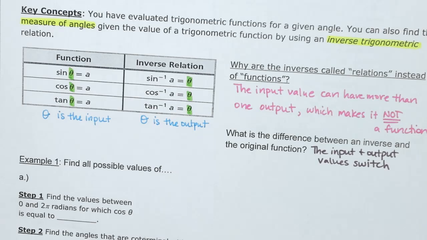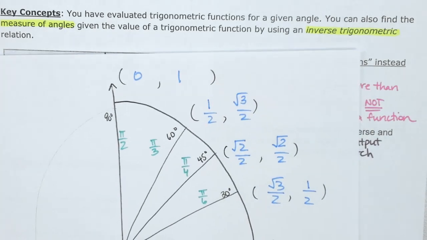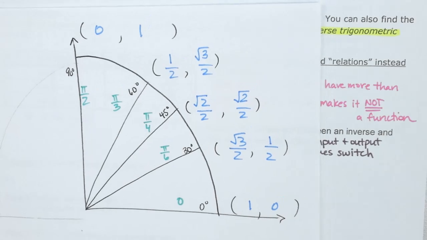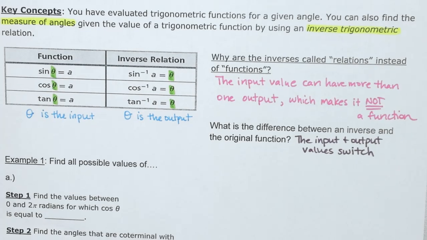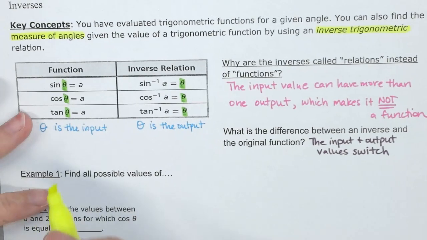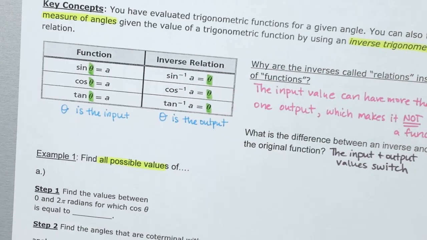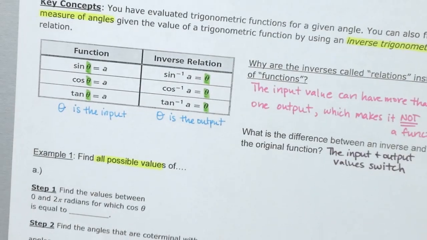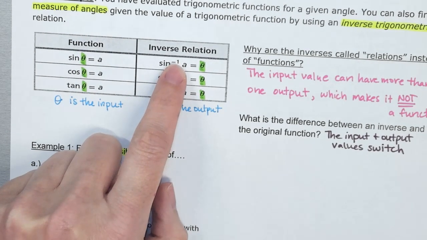Okay, so for this section 11.7, you are going to be using the first quadrant, and we're only using that part today. Example 1 says to find all the possible values of, and then your inverse notation, if you guys notice here, has that little -1.